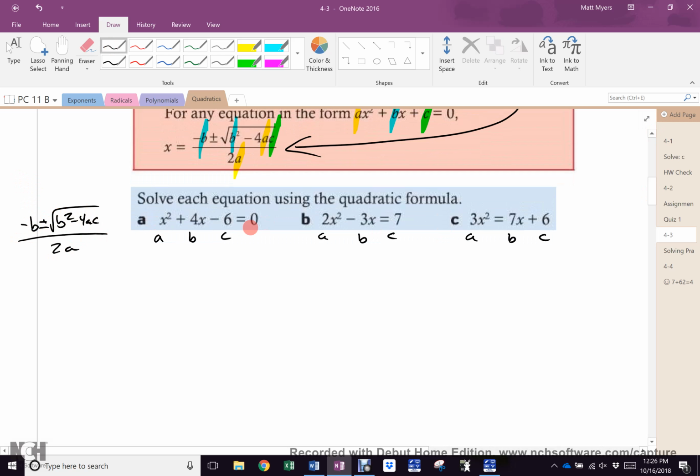And I got them right there. What is a? 1. You can't forget that. Then you just fill it in. Negative b, negative 4, plus or minus the square root of b, 4 squared, minus 4 times 1. What's c?